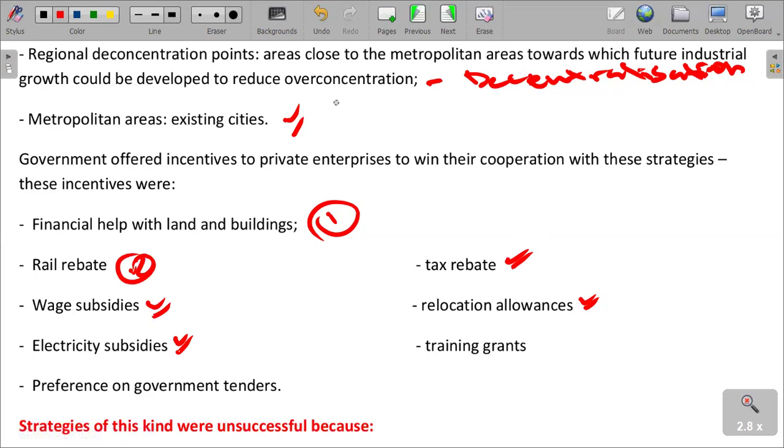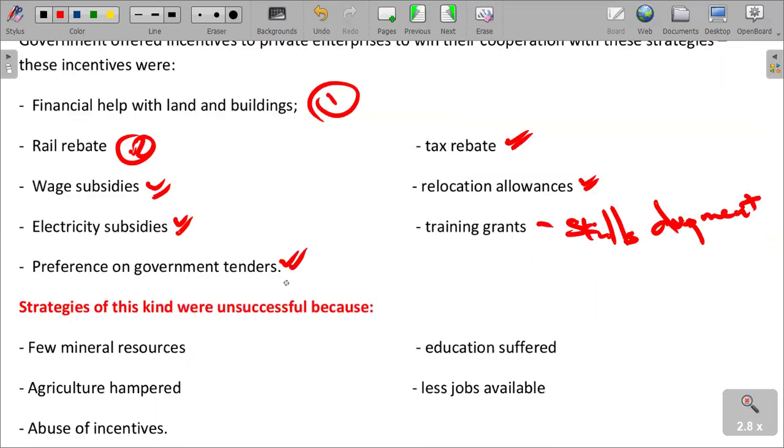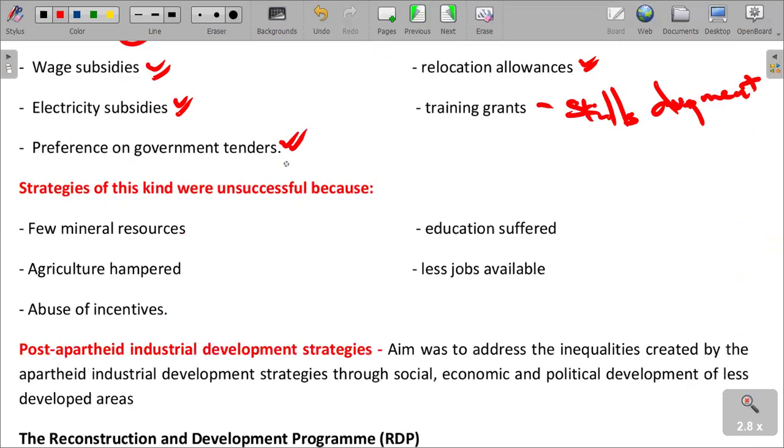We talk about skills development, which we can relate to the skills development act that we still have today. Preference on government tenders, which we still have, where people are given functions and activities and are paid by the government. You understand?